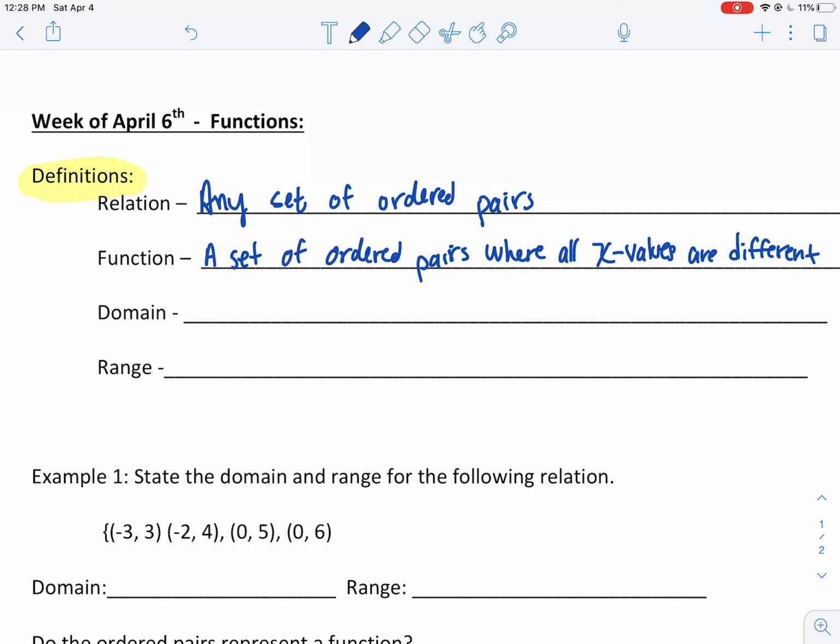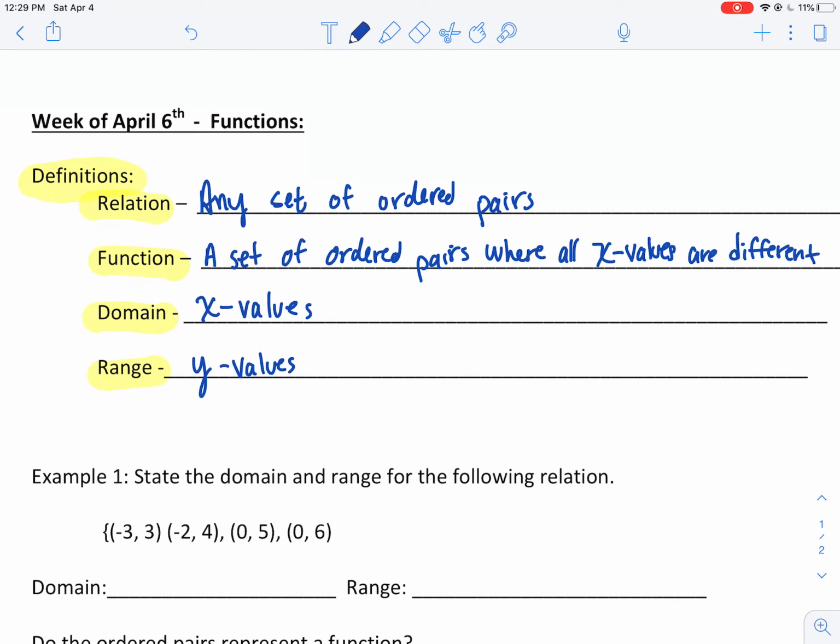Then you've got the definition of a domain. Domain's all my x values, whereas the range is all the y values. Okay, so take a second, pause the video if you need to, and then copy down these few definitions. It won't kill you, and literally it will take you a minute or two.